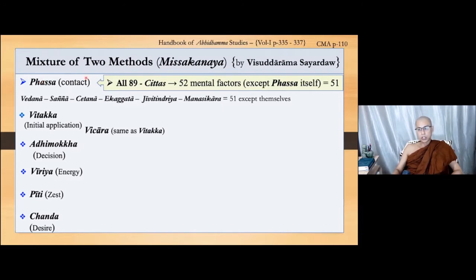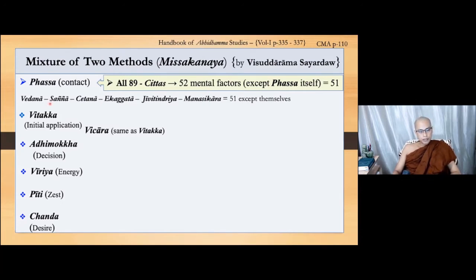This method is not explained in the Abhidhammattha Sangaha, but this is very helpful. That is why Venerable Visuddharama Sayadaw introduced it for his disciples. Then, if you can understand Phassa in this way, Phassa can arise with 89 consciousnesses and 51 mental factors except Phassa.